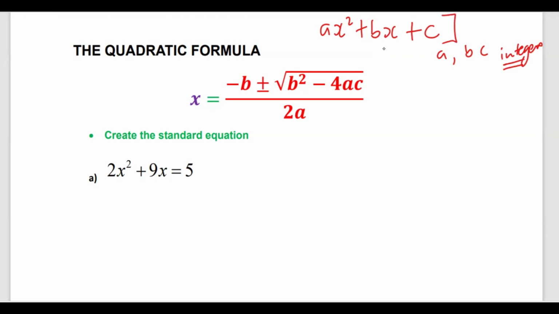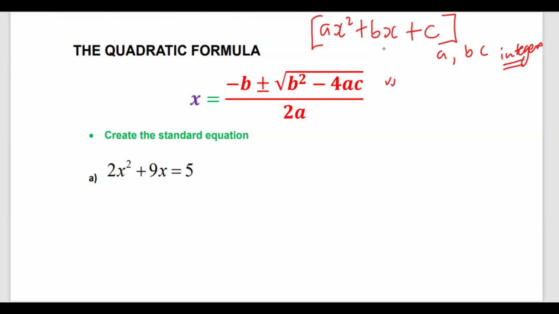So sometimes there are questions that we cannot factorize using factors, okay? I mean, we cannot solve them using the factors. So the only approach that we can use has to be the quadratic formula at our level.